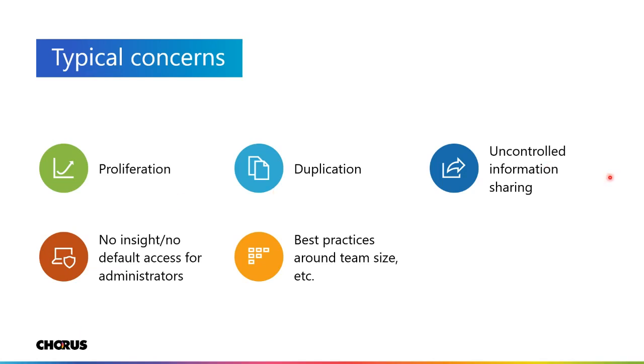Uncontrolled information sharing, so basically you don't have central control. Are people managing files and sensitive information in an appropriate way? No insight or no default access for administrators. And then best practice around team size and that kind of thing.